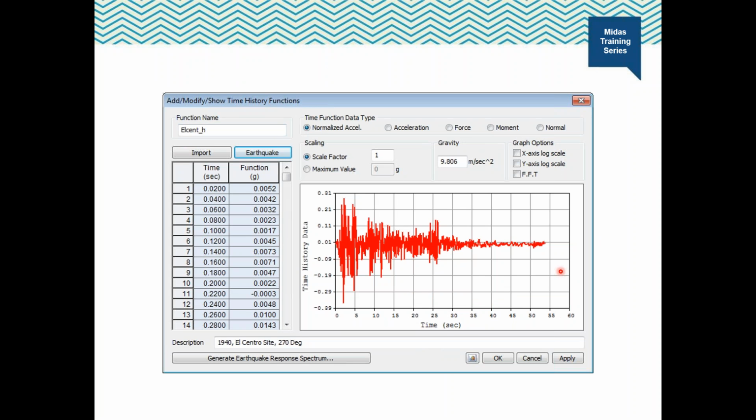For the design of structures, generally we use response spectrum given from the design code. But we will see how the response spectrum can be obtained from this ground motion in order to understand how response spectrum is determined. This is the same ground motion used in the previous slide, 1940 El Centro site.